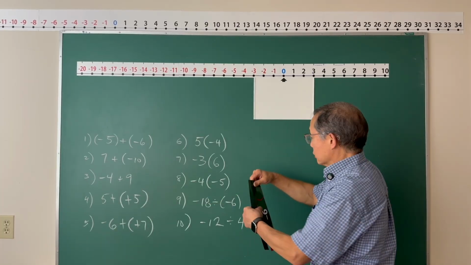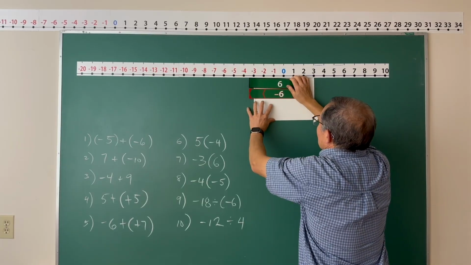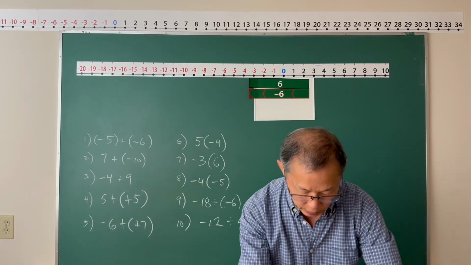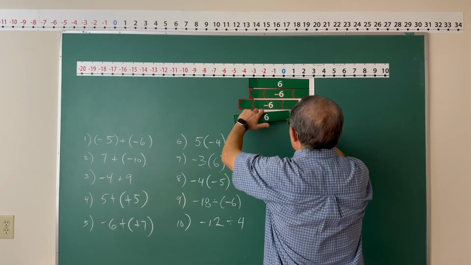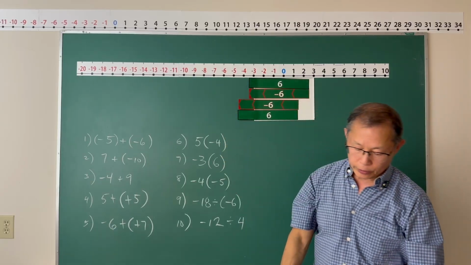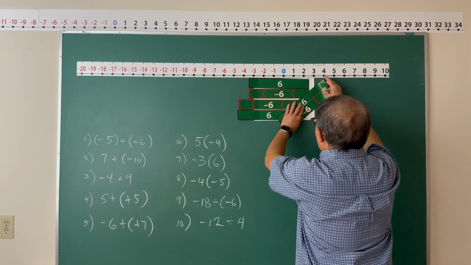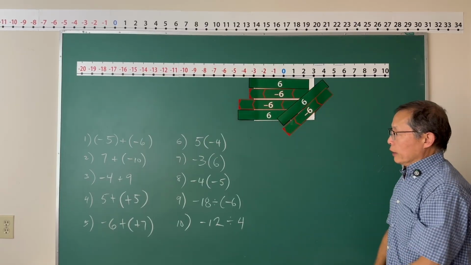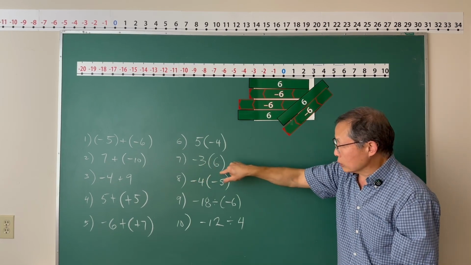So there's 1 pair, and we get no net movement. We introduce another 0 pair, and another 0 pair. And in question 7, we're removing 3 of the positive 6s.